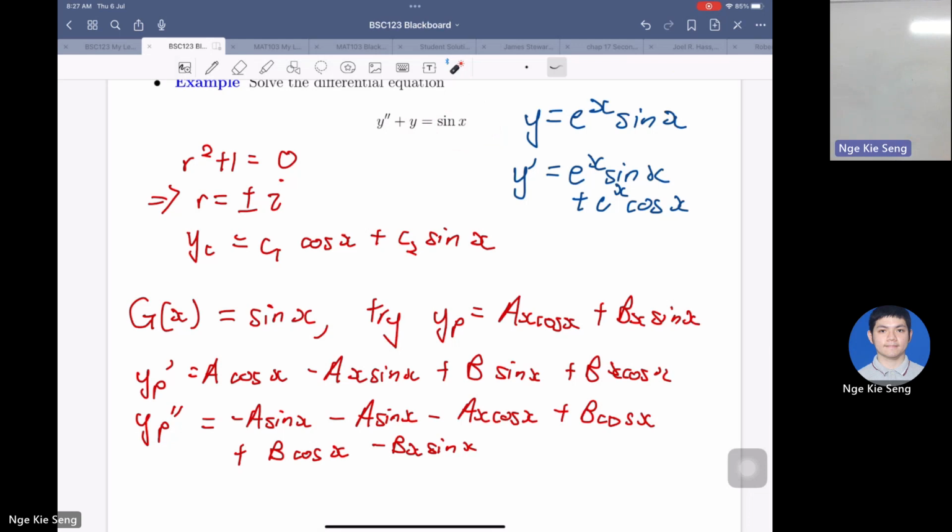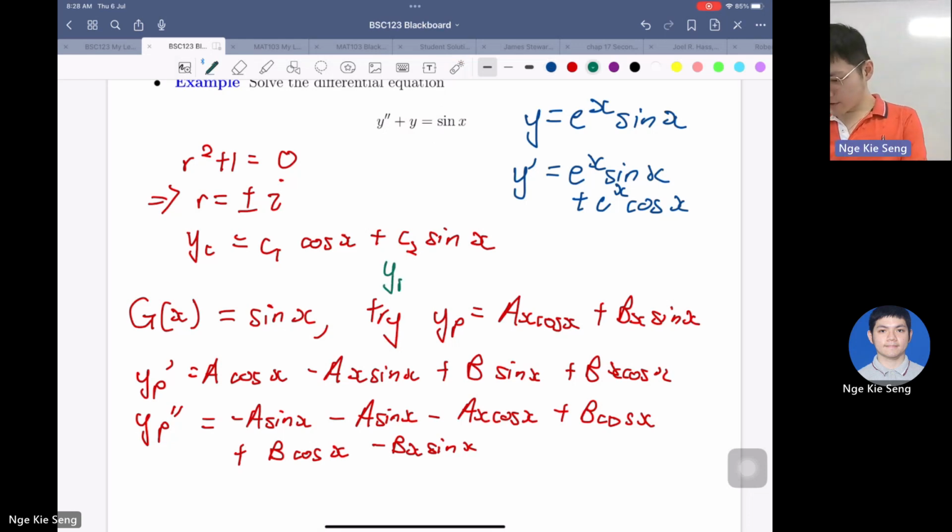Yeah. Okay. The other way, maybe you can ask, how about x squared cos x, sin x? Okay, maybe you can try x squared. But I think you cannot solve it. Maybe you need to try.